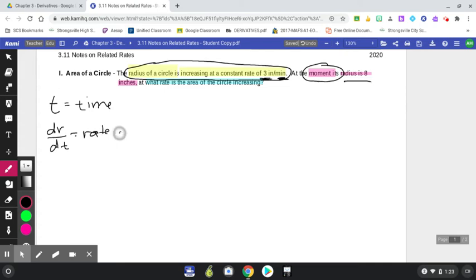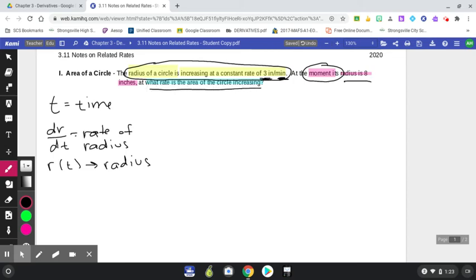Okay, so rate of radius changing, which means if I'm taking the derivative with respect to time, I should have a value representing radius. So I'll use r to represent radius of the circle.